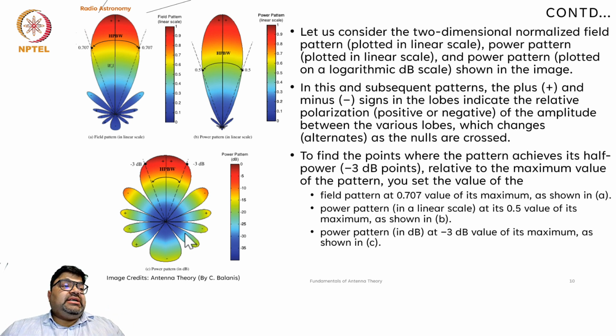Okay, so we also plot this in a dB scale, where now you see the main lobe is there, but also the back lobe, which was almost invisible in the linear scale, now becomes very prominent. Okay, in the power pattern, and the other ones are called side lobes or minor lobes. Now, if I want to create an antenna which is highly directive, then this main lobe has to be the major portion of the entire power, where the power is concentrated.